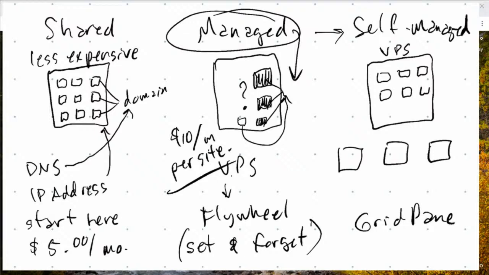These would be small sites. You could have 20 to 40 sites on here for something like $20. That's for all 20 to 40 sites. That's more like $1 or 50 cents per month per website.